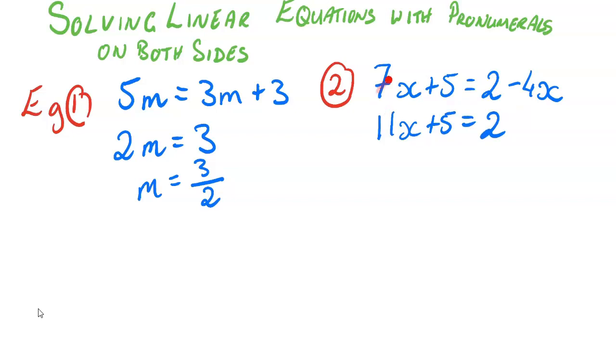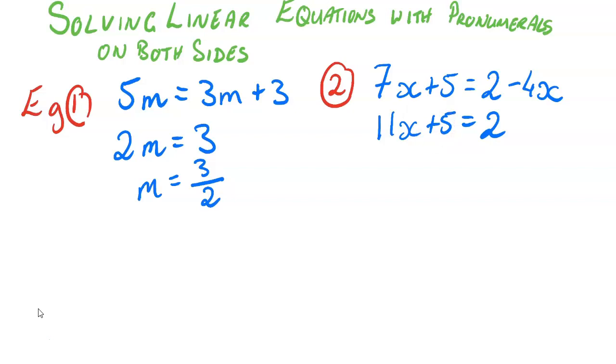So whenever you come to make a decision about what you're going to do, remember in algebra there are always multiple ways to do something to get to the same answer. I always just look at what will give me the easiest or most straightforward next line.